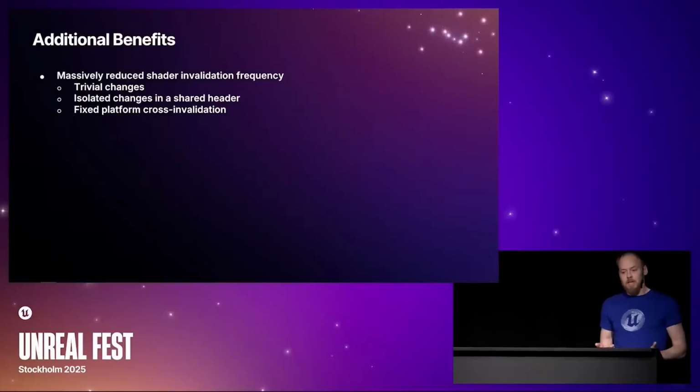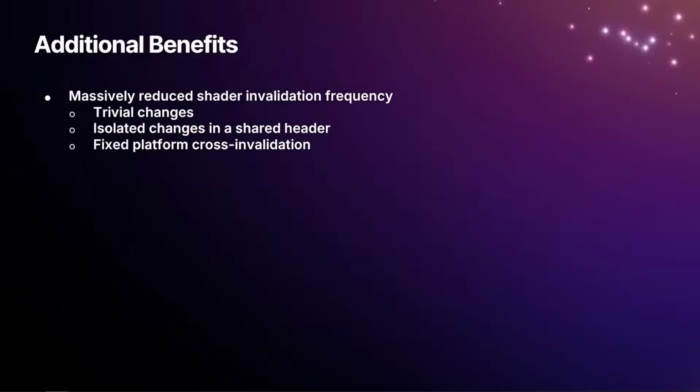So the hashing is basically just a dumb scan of all the include directives, and it loads any of the files it can. It's permissive, so if it can't load the file, it just ignores it. But that meant if you found a file on disk, or we had some PS5 specific code in the header, that's going to invalidate all shaders on all platforms, even though it should only touch PS5. So obviously during preprocessing, all the includes are removed. This issue just magically disappears.